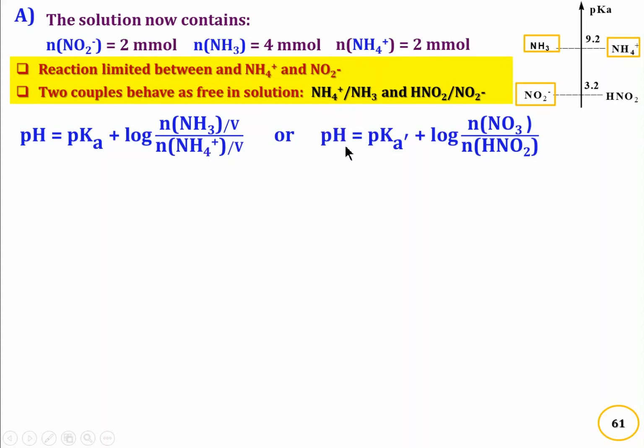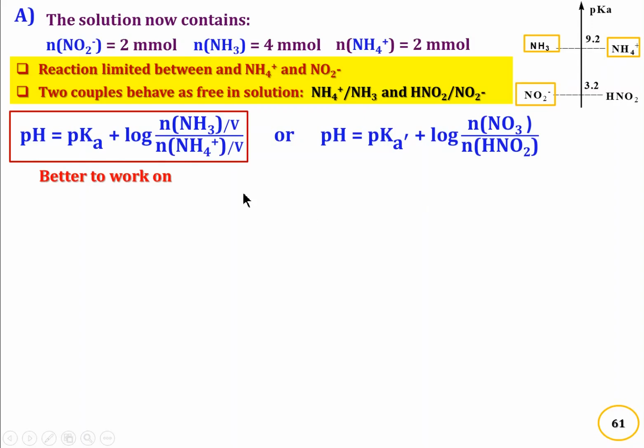And the student that works on couple 2: pH equals pKa prime of couple HNO2 plus log concentration of NO2 minus divided by the concentration of HNO2, and since we have the same volume, plus log number of moles of NO2 minus divided by the number of moles of HNO2.